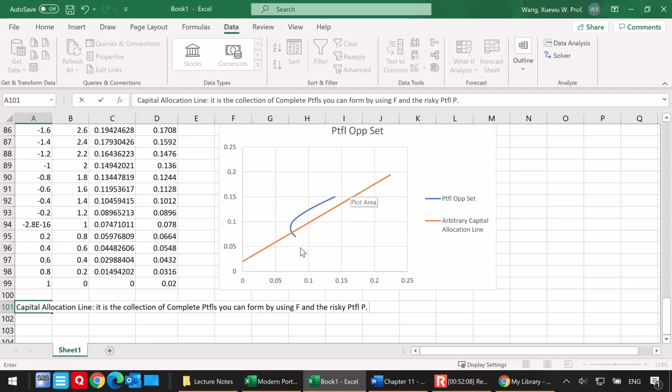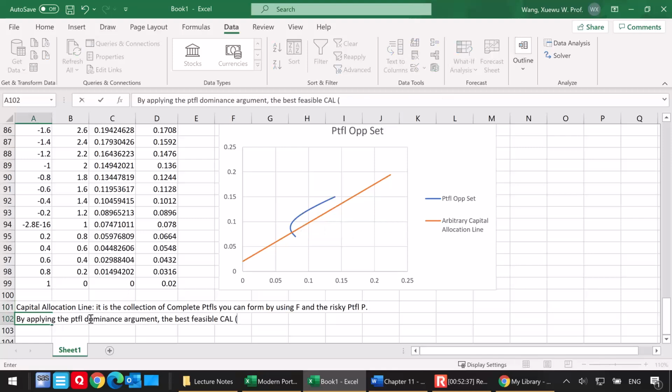So now the question is, where do you stop this? Imagine you can do another higher one, and eventually you're going to draw the capital allocation line that's tangent to the portfolio efficient frontier. So again, by applying the portfolio dominance argument, the best feasible capital allocation line, we call this CAL star.